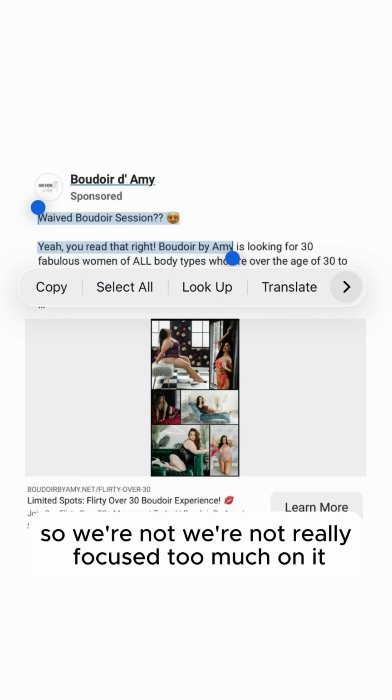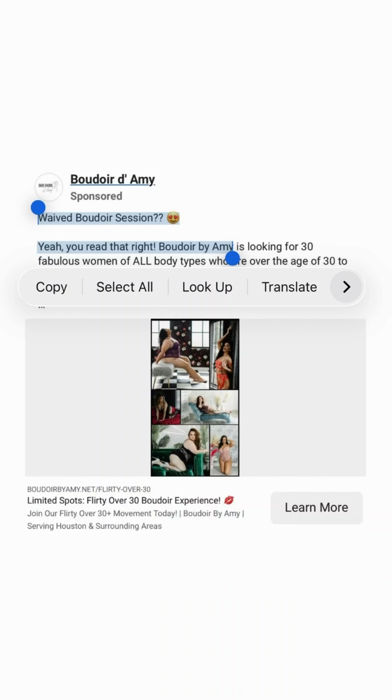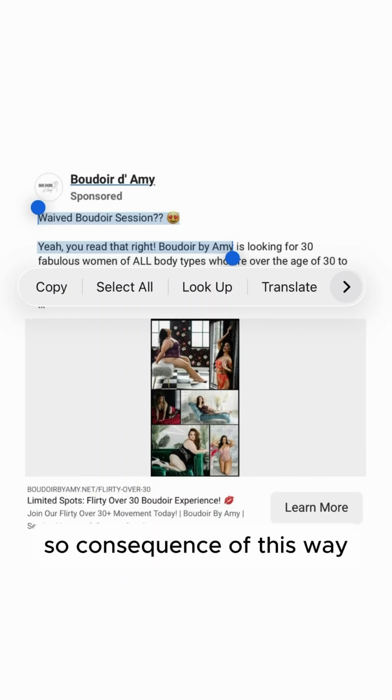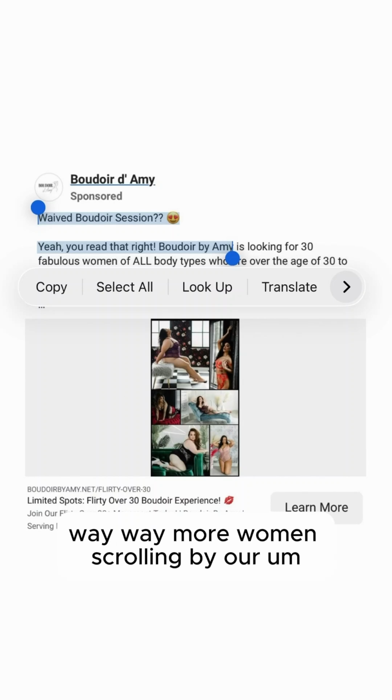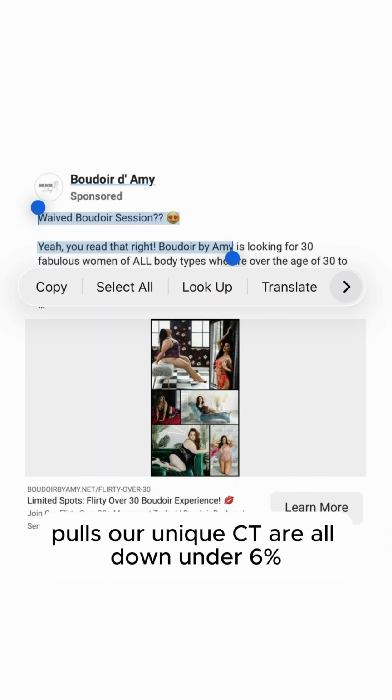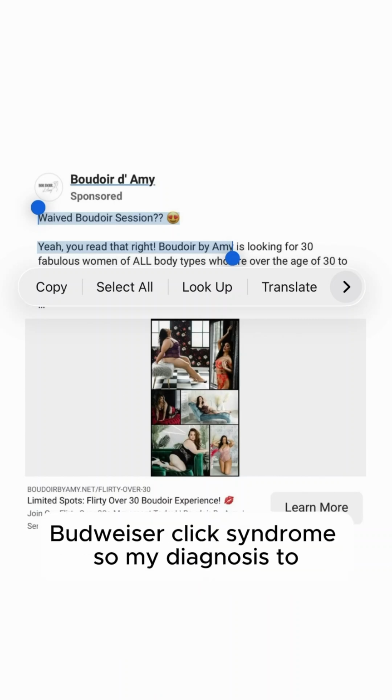So we're not focused too much on it, and we're lacking context of who we actually need to bring in. The consequence of this: way more women scrolling by our Boudoir Facebook ad than necessary. And as a result, it pulls our unique CTR down under 6% and contributes to BLCS, Boudoir low click syndrome.